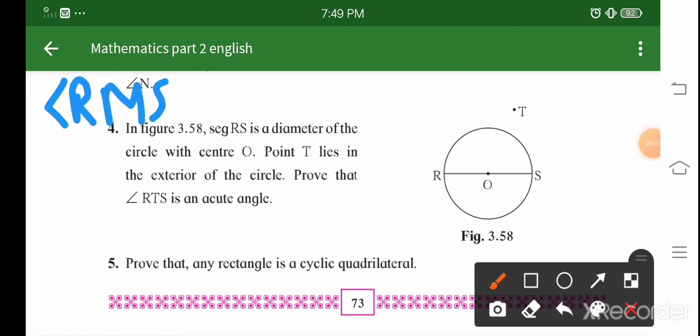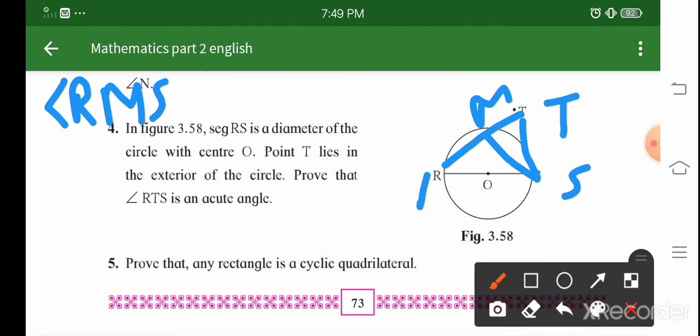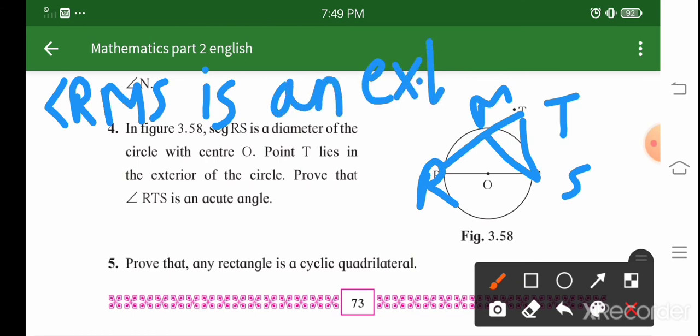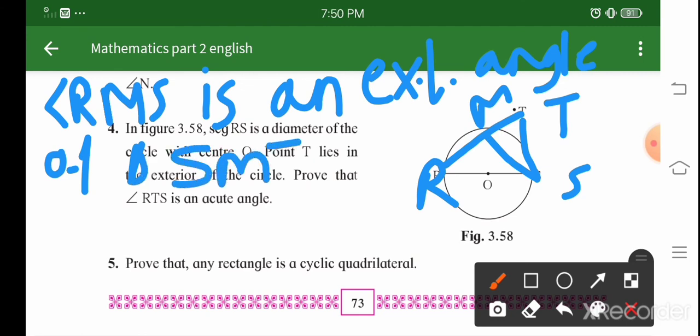RMS. I'm just drawing that part again for your convenience. Suppose this is M, this is T and this is S. This is R. So this angle RMS is an exterior angle of triangle SMT.